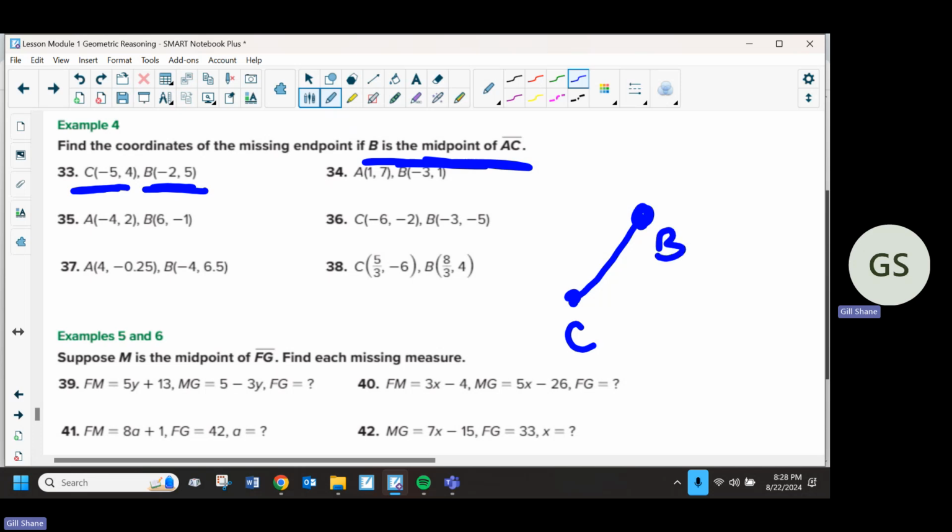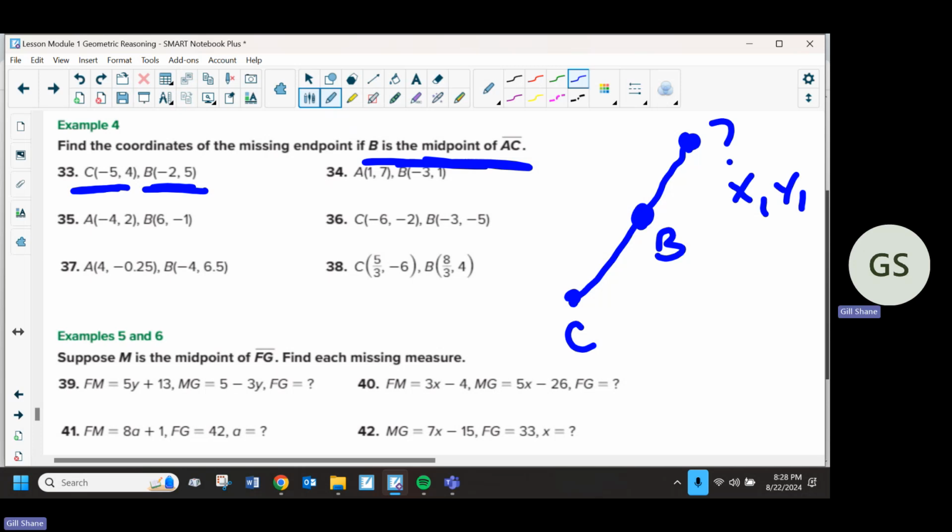And then they want to know, where is the rest of the line? Where is that point right there? What is that value? You can use the equation, but you have to use it differently. You don't know x1 and y1. You have to solve for those, or x2 and y2, depending on which one you want to call it.